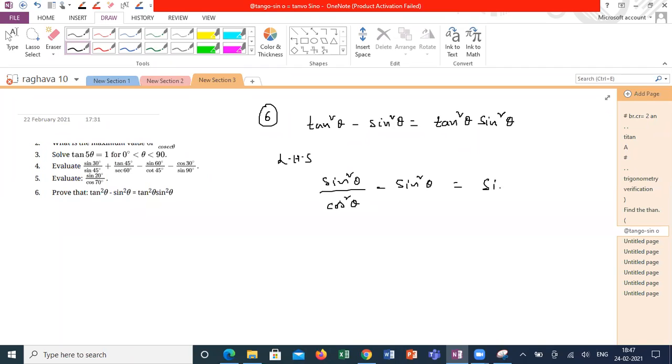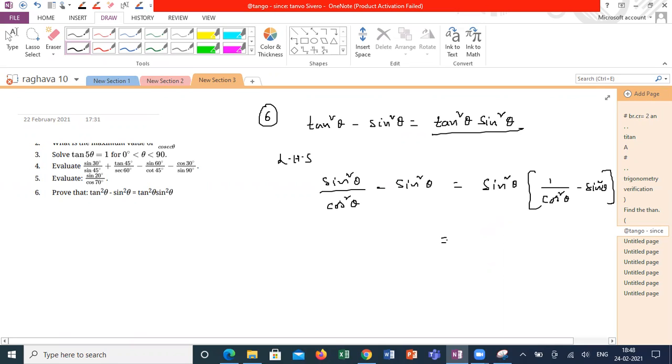If I take sine square theta common, this will be 1 by cos square theta minus 1. So what I will get? Secant square theta minus 1, or something. So how can we prove it? Right side also will be the same.